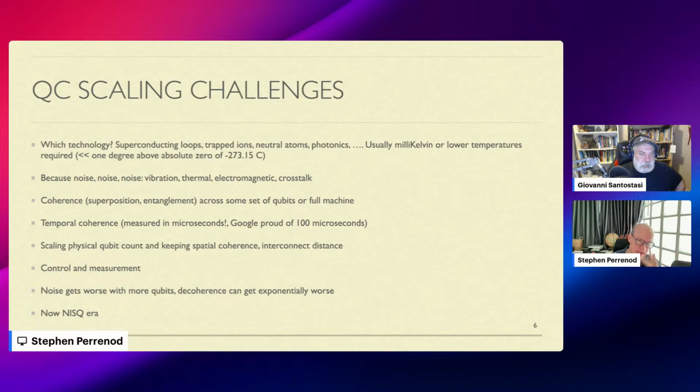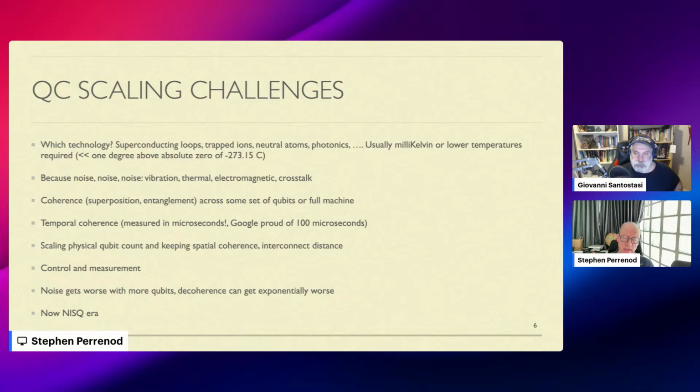The average velocity in random directions squared is proportional to the temperature. So you don't want things moving around, and that's why you want to get it down to zero. Now, there are other attributes of temperature, but we don't have time to get into those.